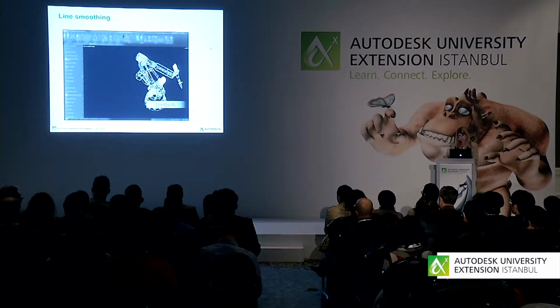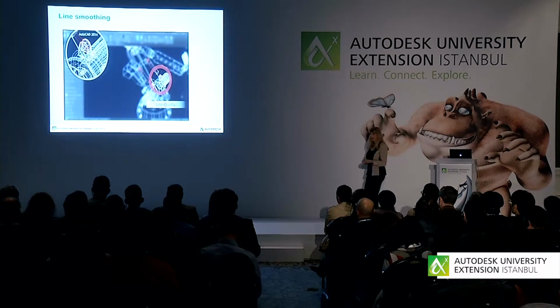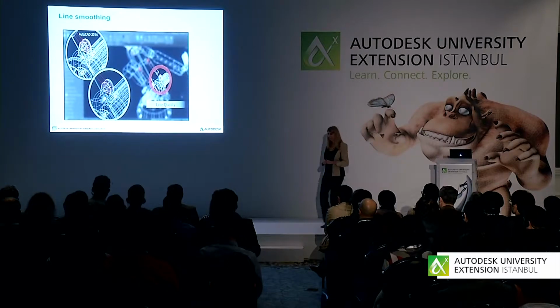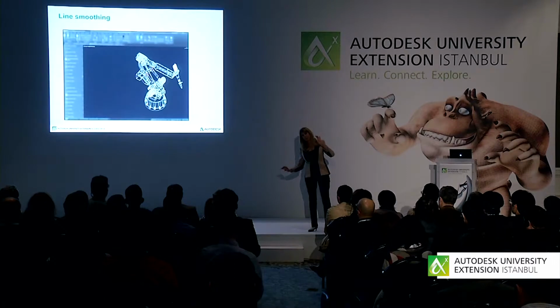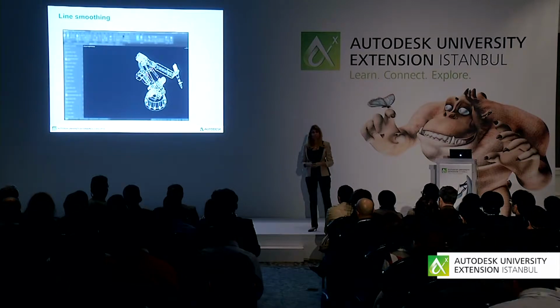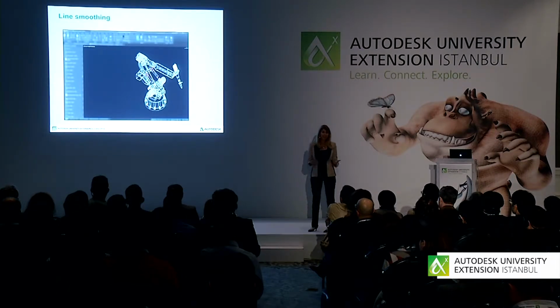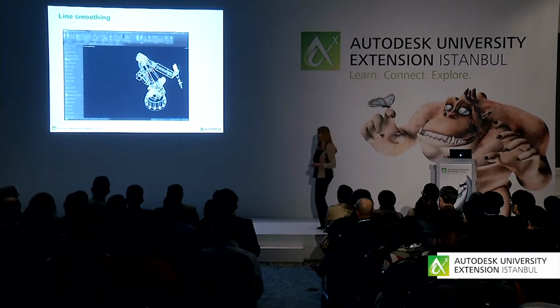Got it. So inside of AutoCAD 2015, you'll also see that we added in line smoothing. I think that most of us are kind of used to whenever you have a diagonal line or a line that's just a little bit off of 0 degrees, how it's jagged. We kind of are used to that in AutoCAD. I didn't really think about it, but you would think we could actually give you a straight line that doesn't have jags in it.